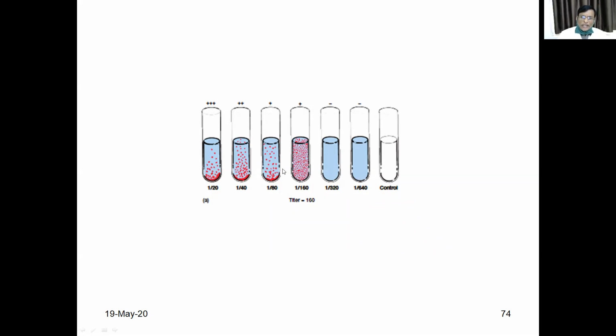So an antigen antibody reaction will occur, a visible reaction will occur, where equal amounts of antigen and antibody are present. That point we will take as the significant titer, that will give the positivity or negativity of a patient for these enteric fevers. You can see in the control, there is no formation of any antigen antibody reaction.